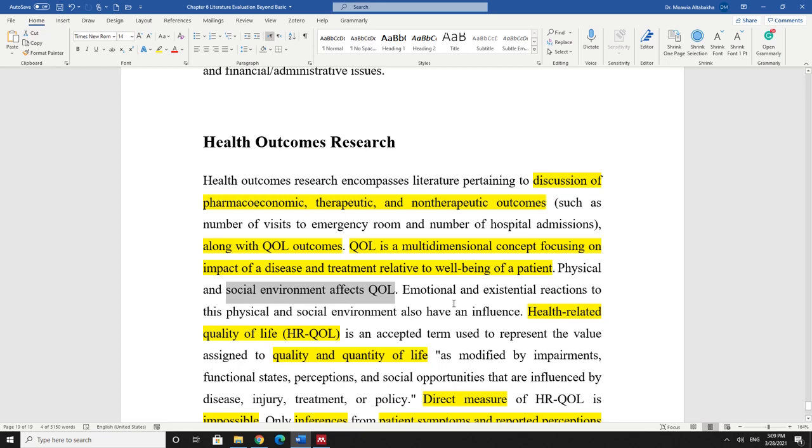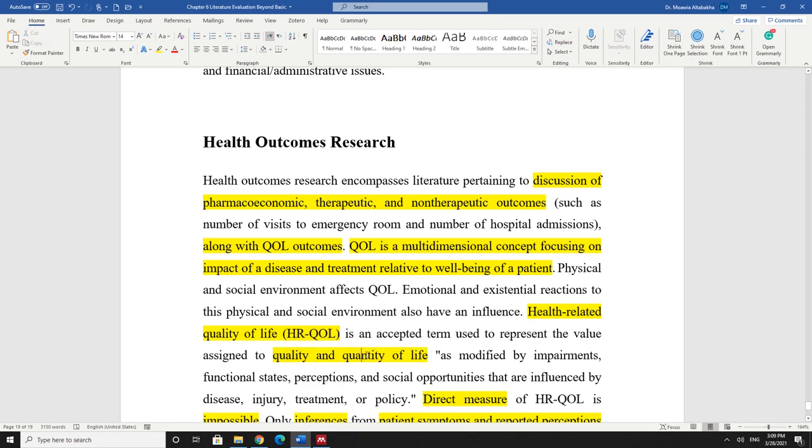When we talk about the specific thing, health-related quality of life, we are talking about the value assigned to quality and quantity of life. Look, quality and quantity. Okay? And quality and quantity might not go together. You might have good quality, bad quantity, meaning you might have few days to live, but you have good quality.